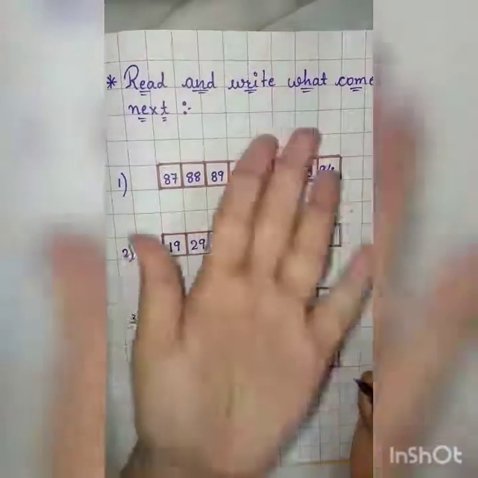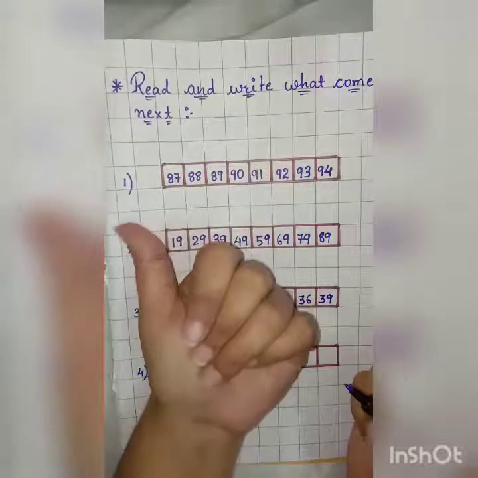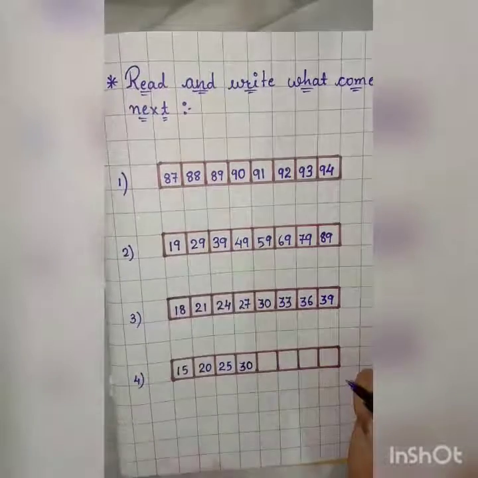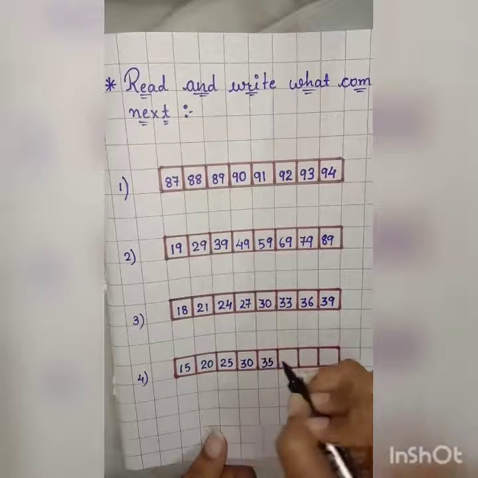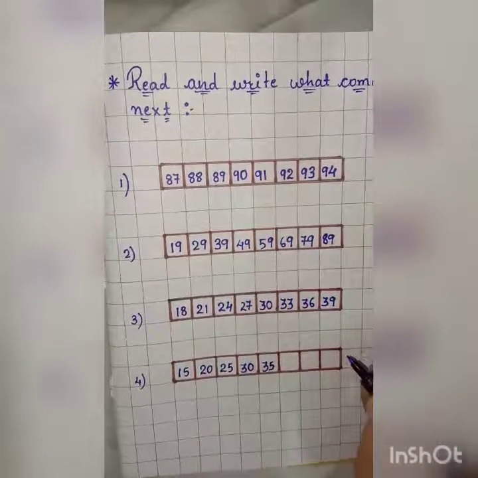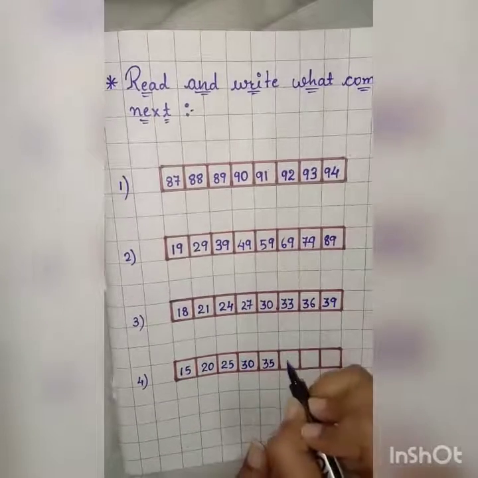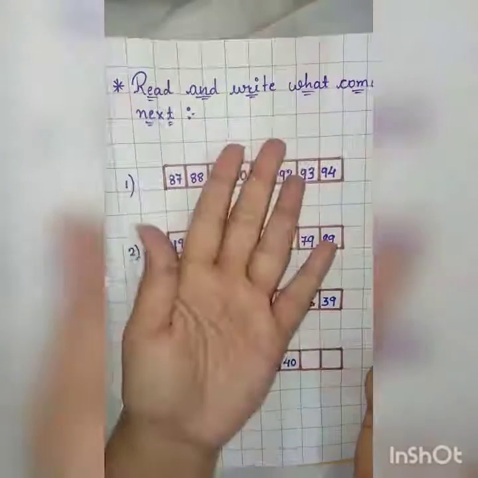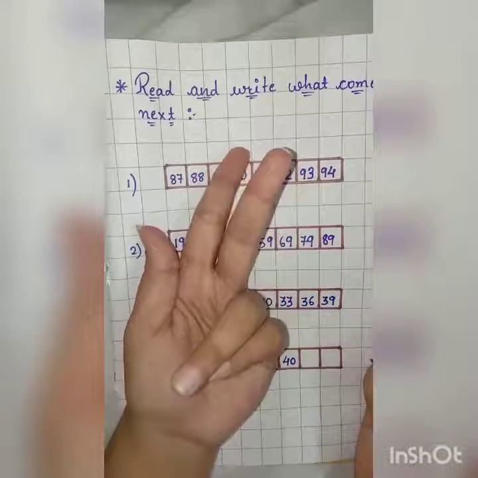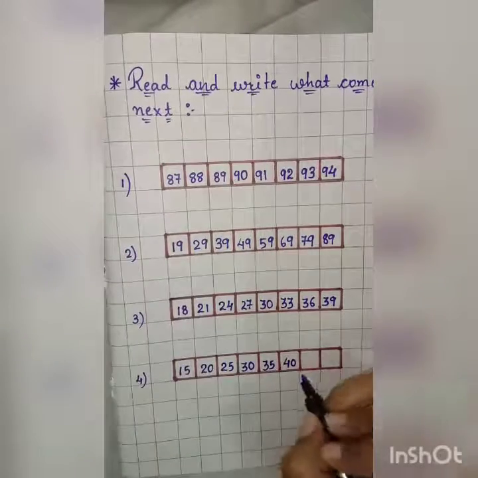After 30, 31, 32, 33, 34, 35. Next number will be, very good, 40. After 40, 41, 42, 43, 44, 45.